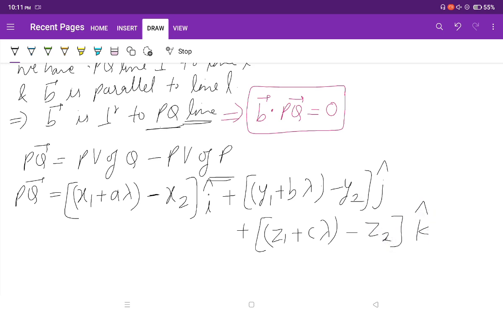This is PQ vector. So we used position vector of Q minus position vector of P.